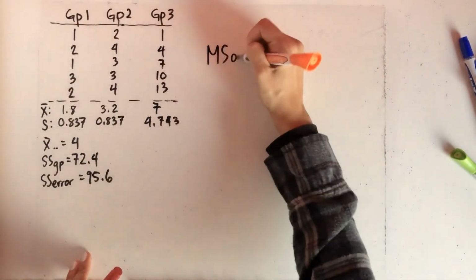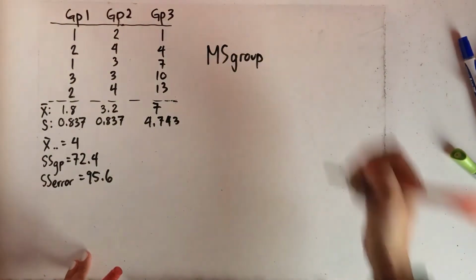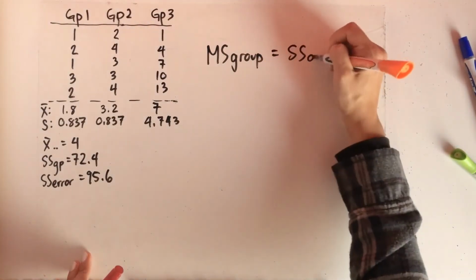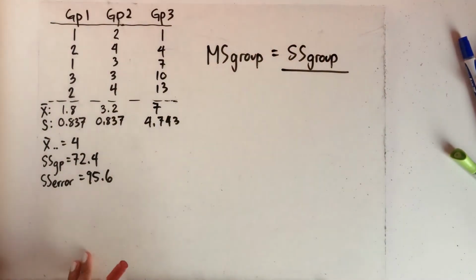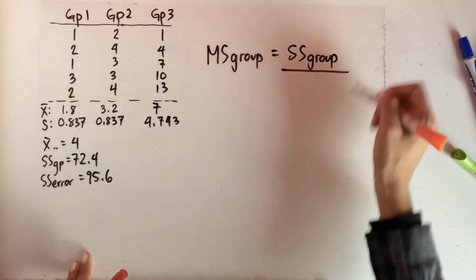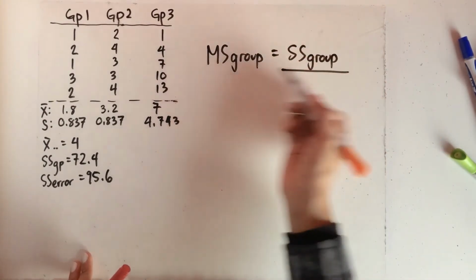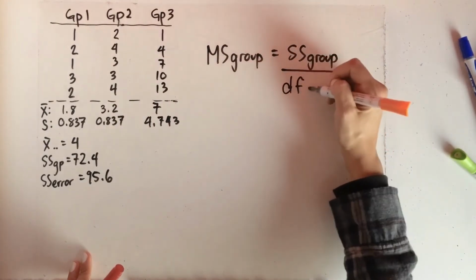So MS group, which will be on the numerator of our F, is equal to the sum of squares group divided by kind of a weighting factor that is sort of like a mean. That's why it's called a mean squared from the sum of squareds. And that's the degrees of freedom, or DF group.